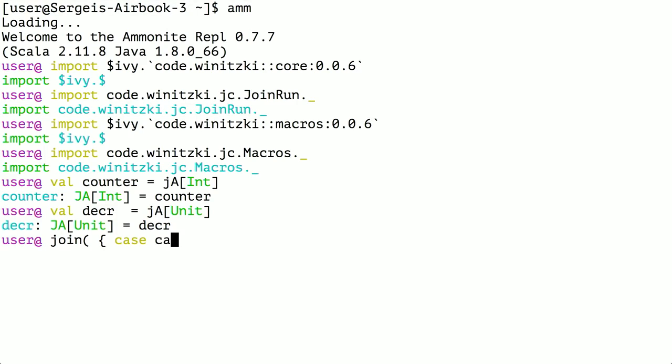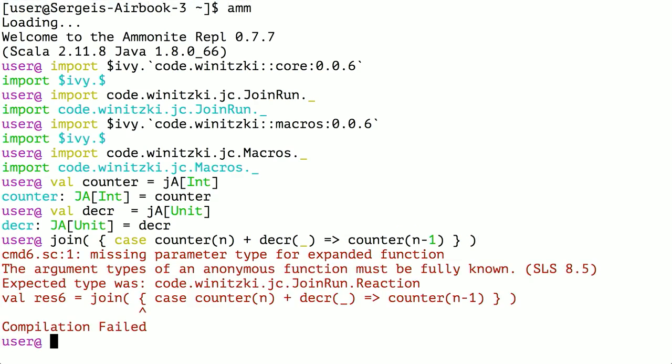So while I'm doing this, I'm thinking about what chemistry I'm going to implement. I have this molecule, counter, with value n. It's going to react with decrement, with unit value. It's going to produce counter, n minus 1. Okay, let me just do that. What happened?